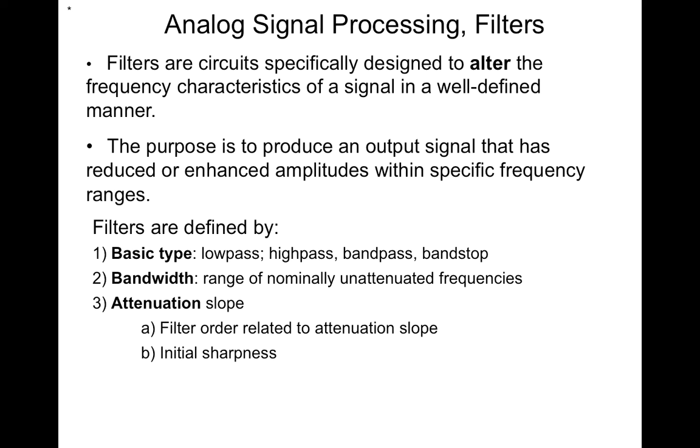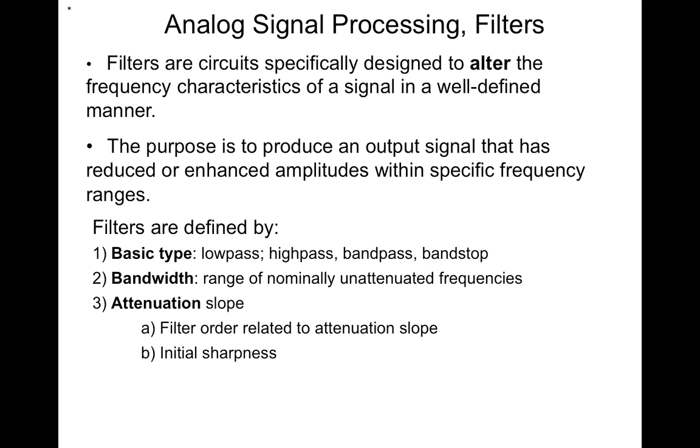So filter circuits are circuits that are specifically designed to alter the frequency characteristic of the signal in a very well-defined manner. The purpose is to produce an output signal that either has reduced or enhanced amplitudes within specific frequency ranges. So the way we define filters is by their basic type.